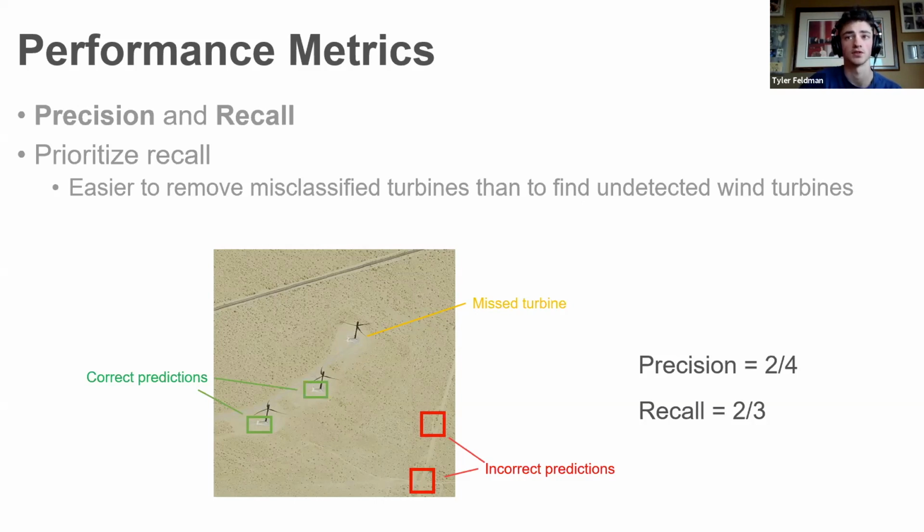And for recall, interpret this as: out of the total number of wind turbines, how many did it correctly identify. For this project, we were prioritizing recall because after running this model on overhead imagery, it's a lot easier to remove the misclassified turbines than find undetected wind turbines.